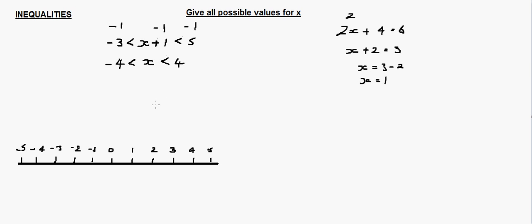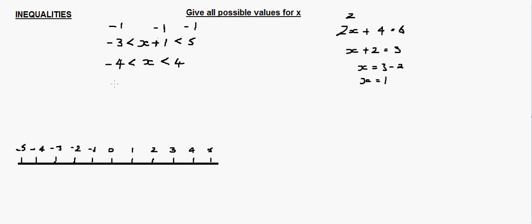Okay, now I could plot this on the number line if they wanted to know, but I can see from this the possible values. I know x is greater than minus 4, but it can't equal minus 4.